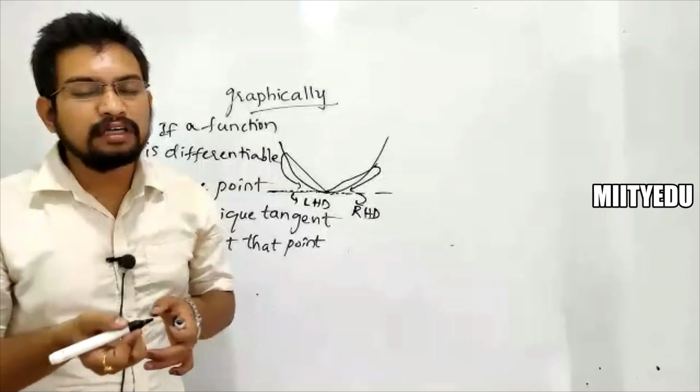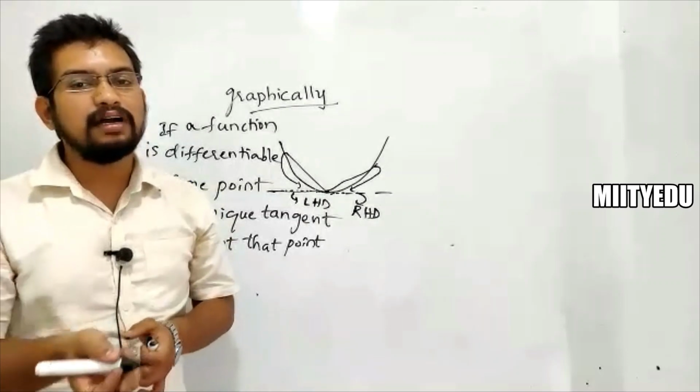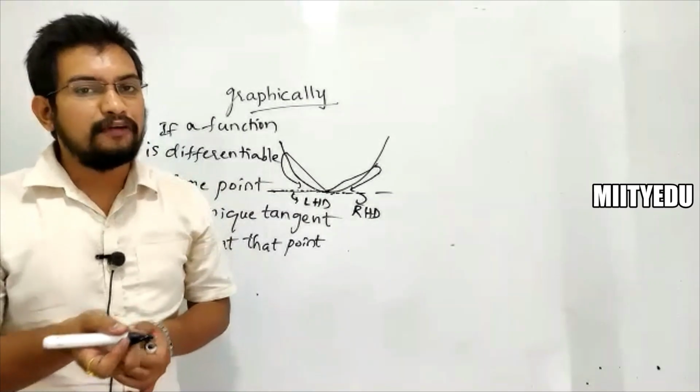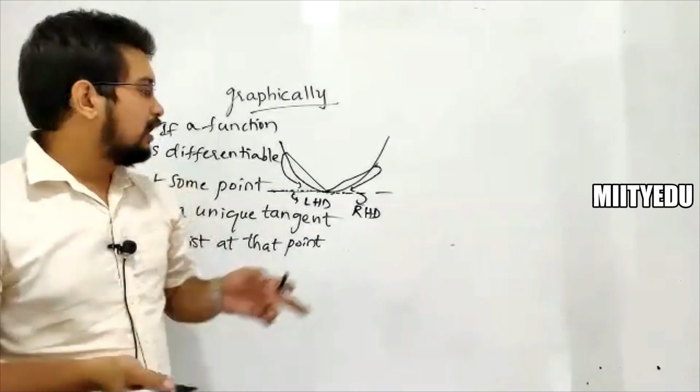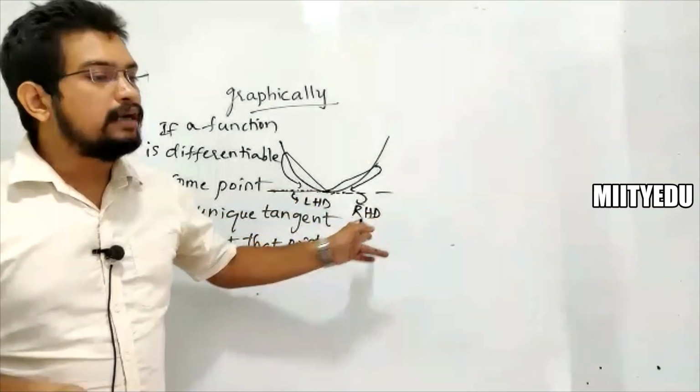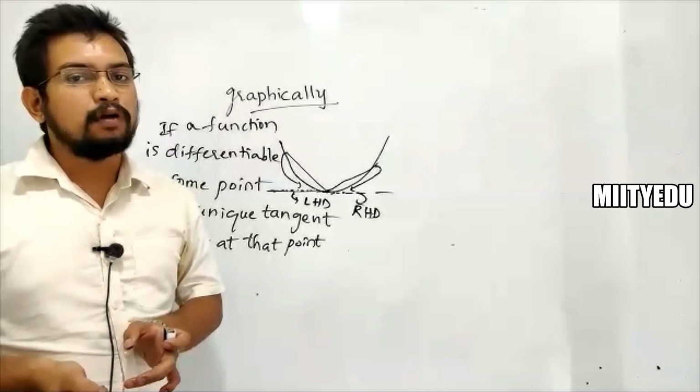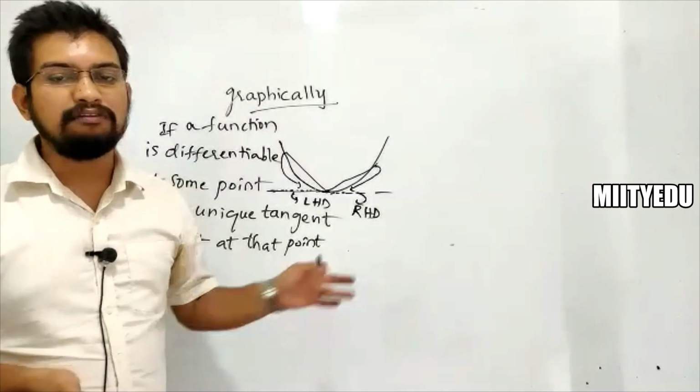What we have seen is that for the function to be differentiable, the left hand derivative and right hand derivative must be equal provided the function is continuous. ఇవి రెండు ఈక్వల్ అవ్వాలి.